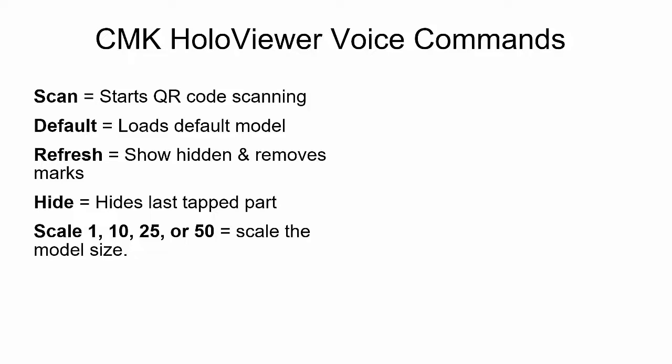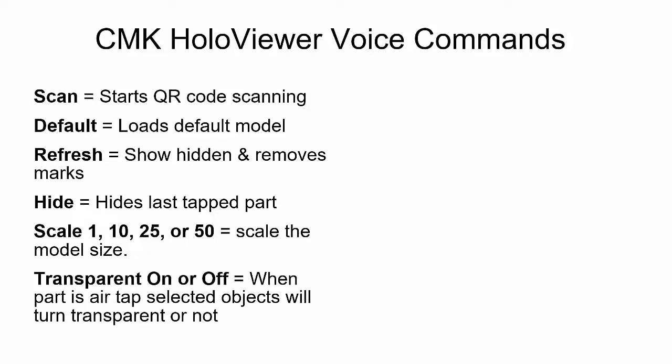Scale 1 basically means 1-to-1 scale, so life size, and then 10, 25, and 50 are like 10%, 25%, and 50%. Then you can say transparent on or transparent off to toggle the selection mode, so that when you tap on an object, it will turn transparent or solid again based on you tapping on it.